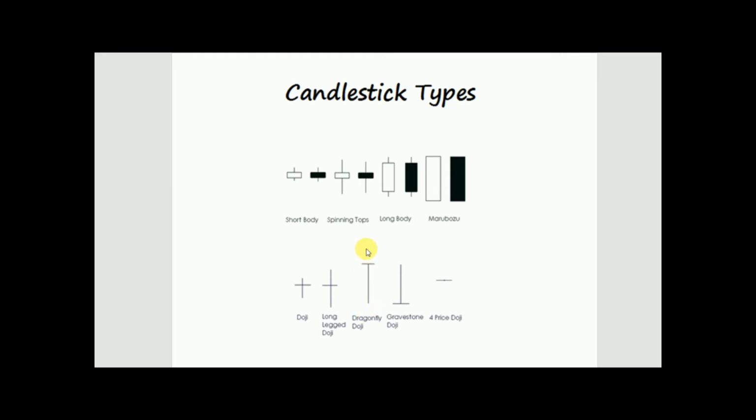Dragonfly doji has it open, it peaks, and then it closes at that level, and then there's an intraday low, which is indicated by the tail. Gravestone doji, on the other hand, opens down. It has an intra high, but then it closes again at the opening. A four-price doji has the open, the lowest and the highest level, and the close all the same. So usually that's an indicator of uncertainty in the market.